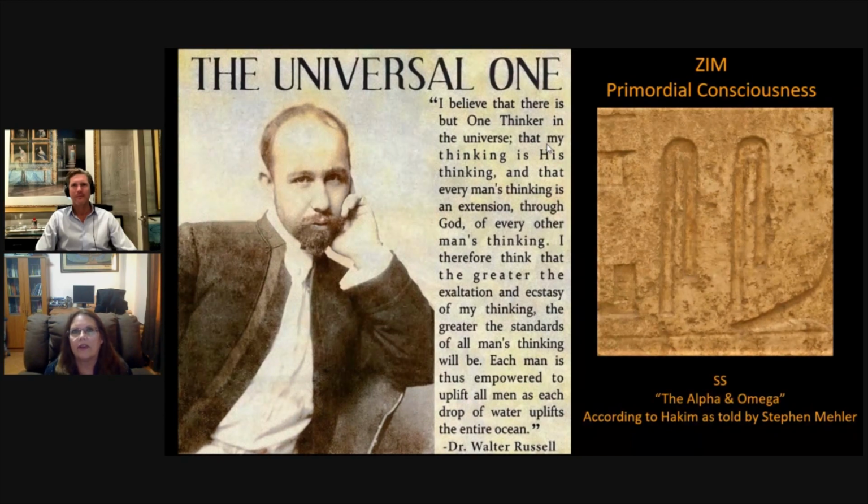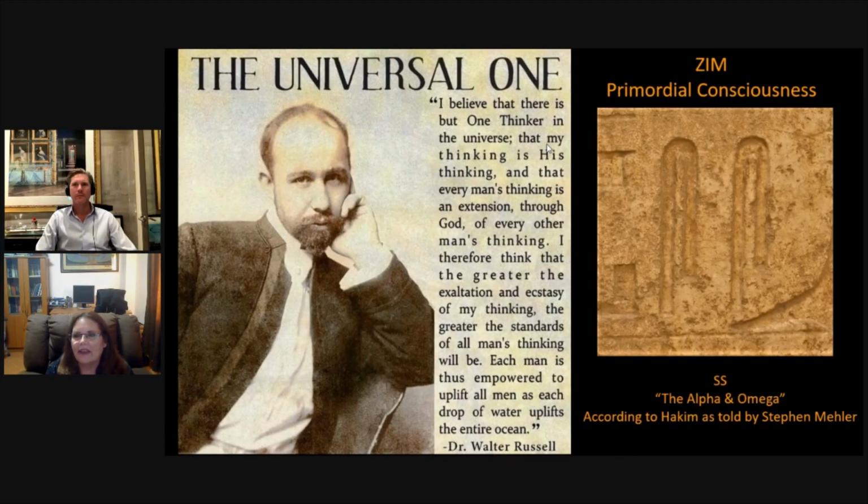You know, if we're always thinking of how out of Ma'at we are, how will we ever get back to our center? And so I bring this other image on the right. It's two hieroglyphs. They're both S, so it's SS. And Stephen Mailer told us that Hakim pointed out to him, and this particular picture comes from the place that Hakim pointed this out to Stephen Mailer, which was Abu Sir, and I was there with Stephen.